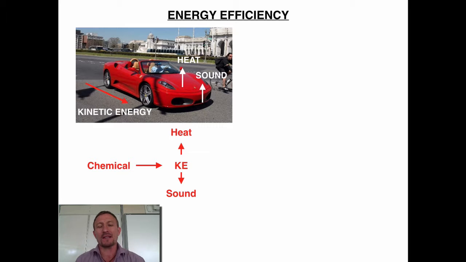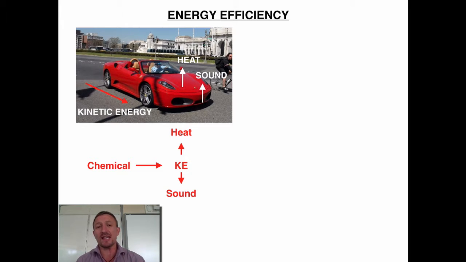Now, if you remember back to earlier, the law of conservation of energy states that the energy coming in must equal the energy coming out. So the heat energy plus the kinetic energy plus the sound energy must equal the same amount of energy as is present in the chemical energy.